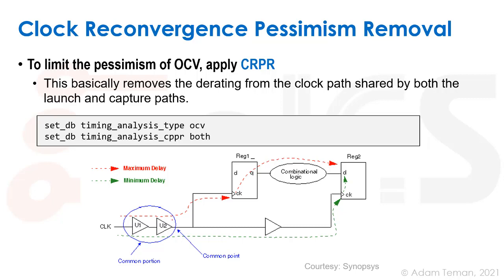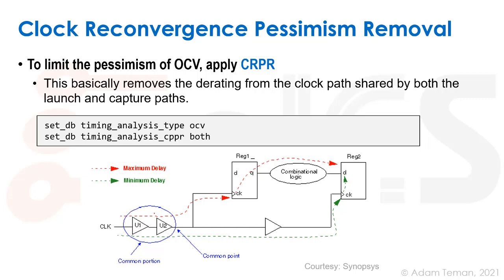But as you can see here in the picture, U1 and U2 are buffers that are on the clock tree. They're part of a common clock path. So U1 and U2 are the same exact buffers, and the wires that go between them are shared by both the launch and the capture path. And we were actually derating this, so assuming that U1 was slower by 20% or whatever, and then for the capture path it was faster, but it was actually the same buffer. It might even be in a hold case even the same cycle, and if not, it was in adjacent cycles.